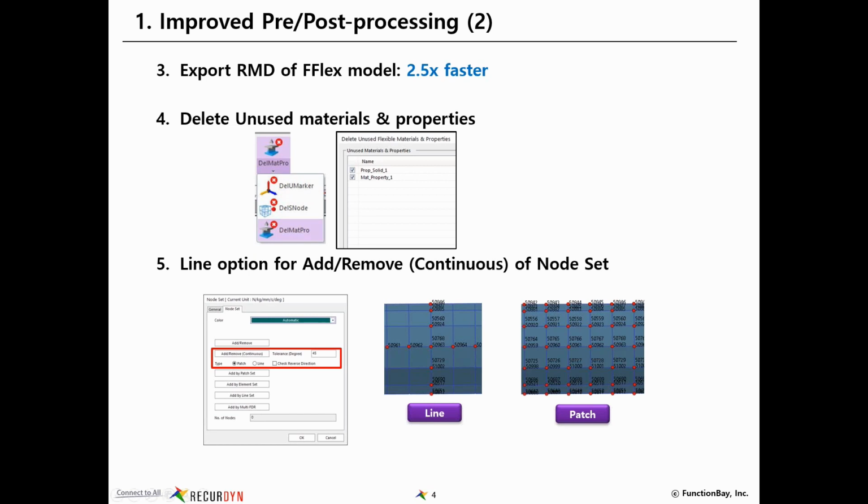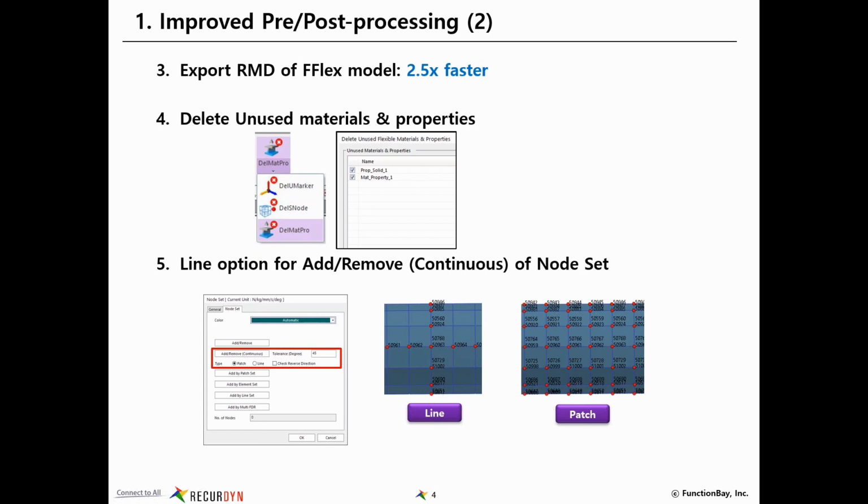And something that's specifically new is this new line feature that will add nodes in a line if you're defining a node set. And having the option to select either patch or line when you're doing this add remove continuous is actually in a few functions. The node set, I know it's in the beam elements. So that is something that will be included in a few different features.